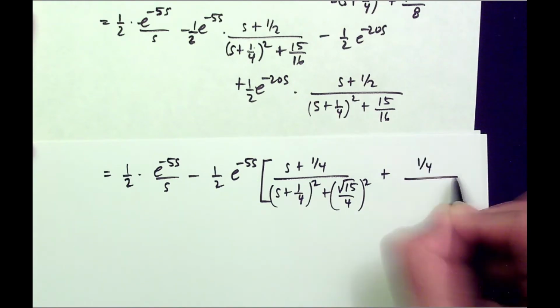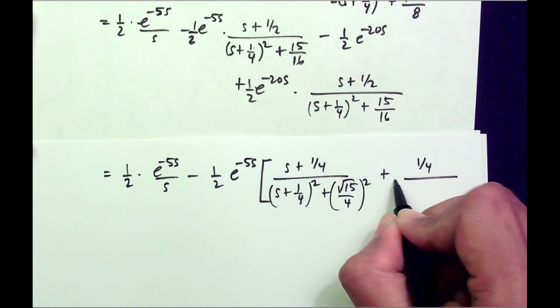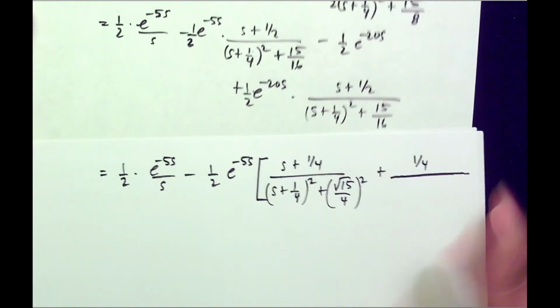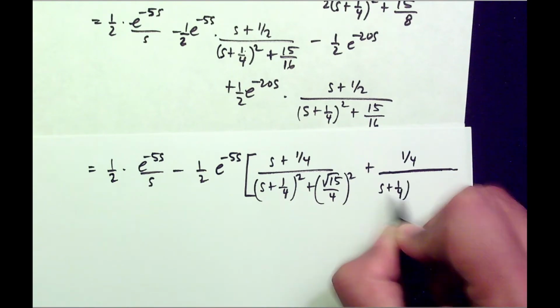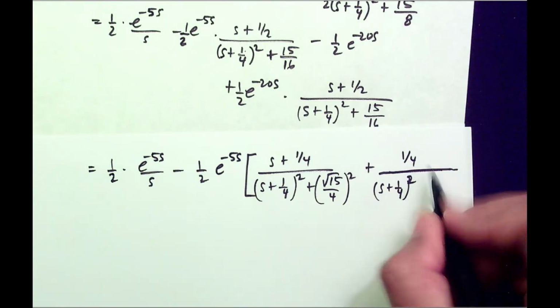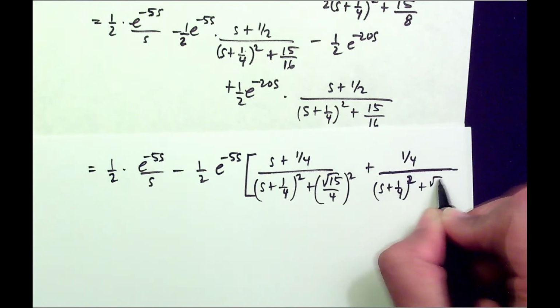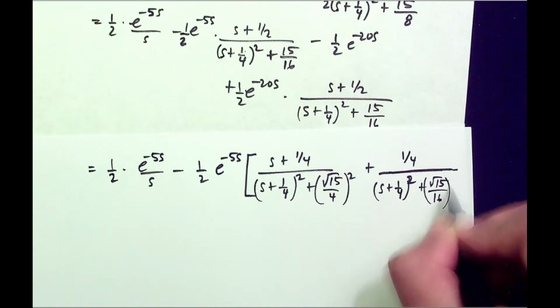I have to write 1/4 over that denominator, (s plus 1/4) squared plus (square root of 15 over 4) squared.